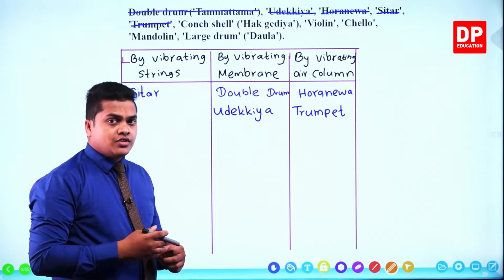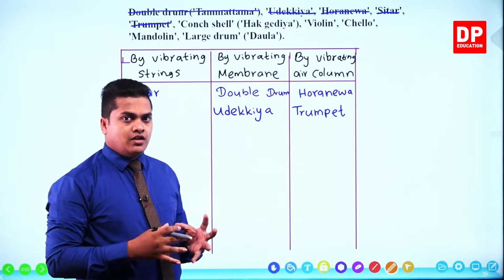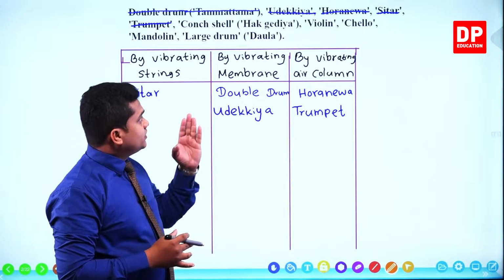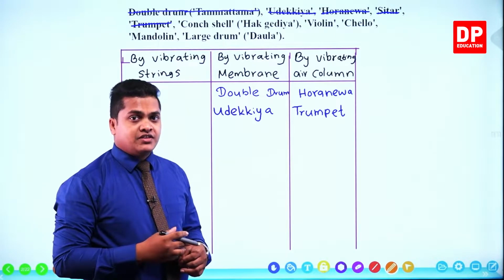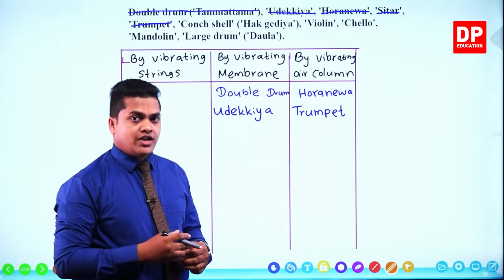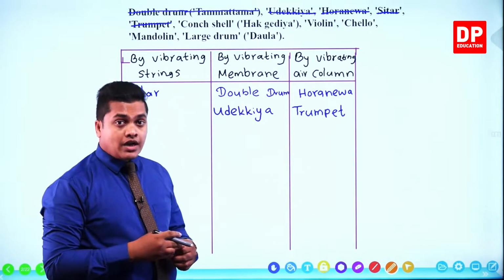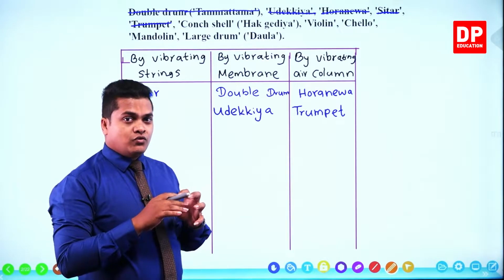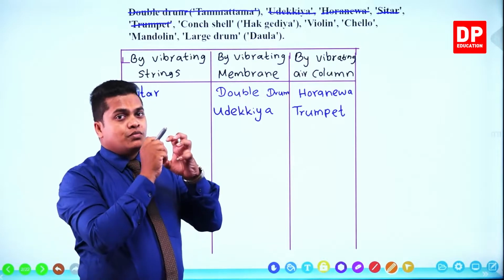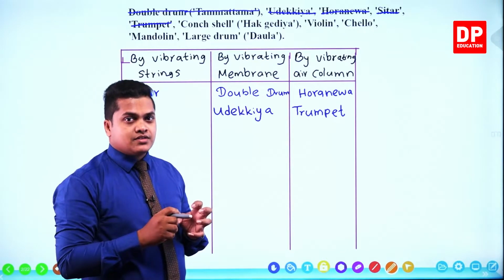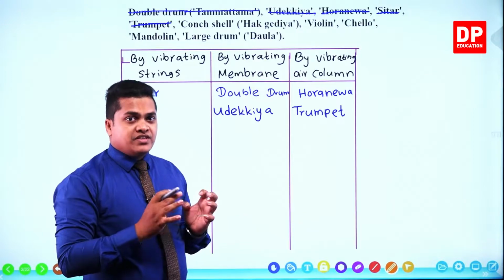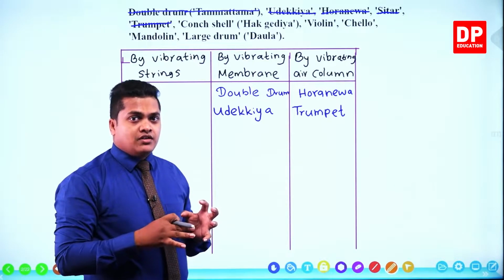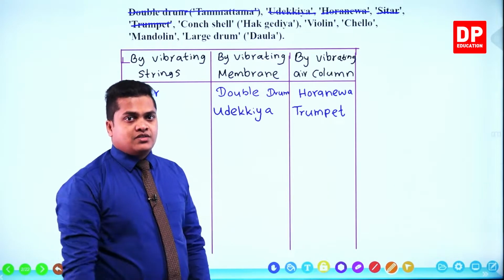Then conch shell. In brackets, you are given the Sinhala term for the conch shell. What is that? Haggediya. So for conch shell also, you blow air particles, right? In opening ceremonies, in traditional festivals, the conch shell is being used.